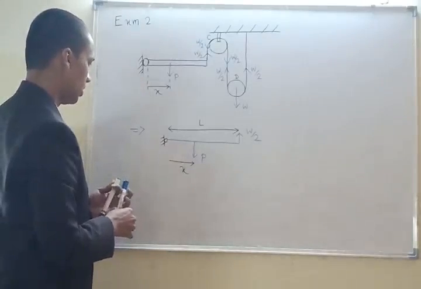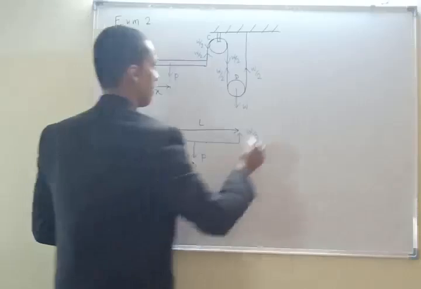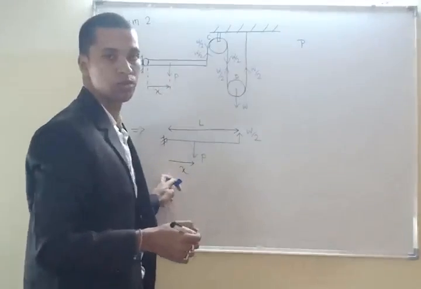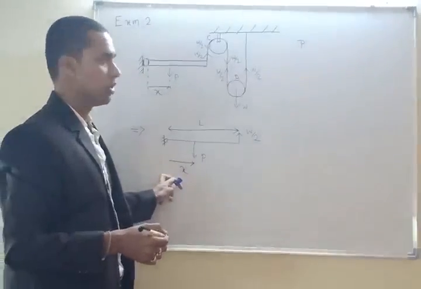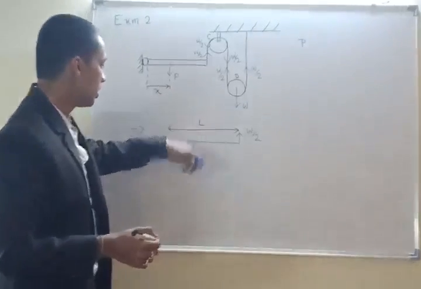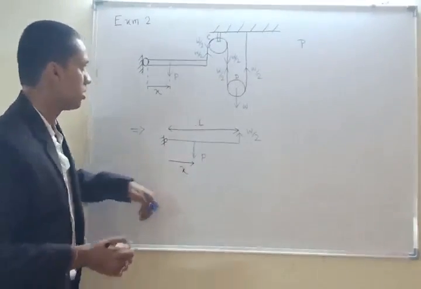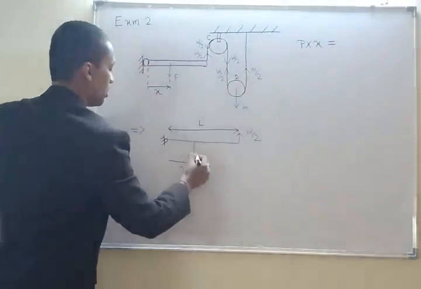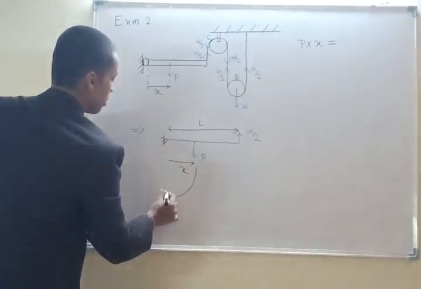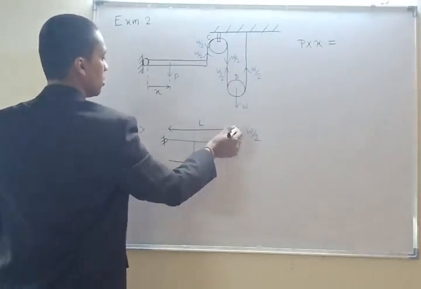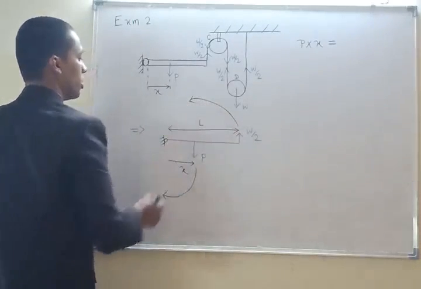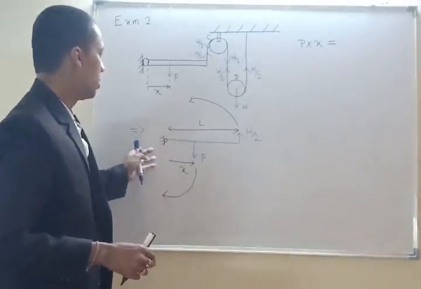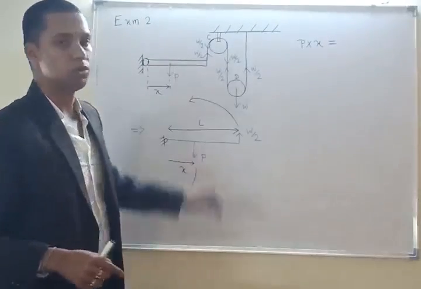Now what we can say is, for this to be in static equilibrium, the moment P multiplied by x should be equal to the other moment. This one is giving some clockwise moment and this one is giving some anti-clockwise moment. These two moments should be equal. If these two are equal, then only it is possible that this beam will be horizontal.